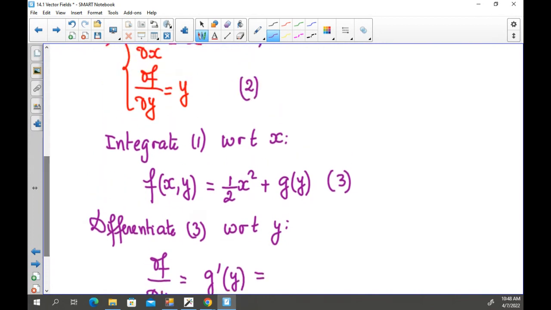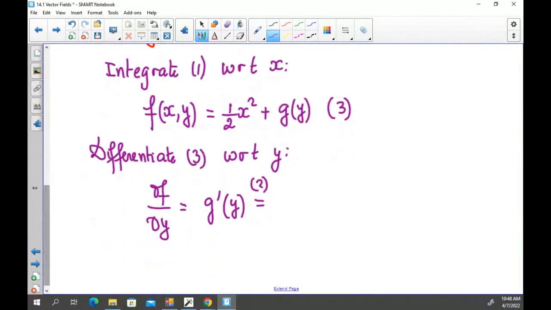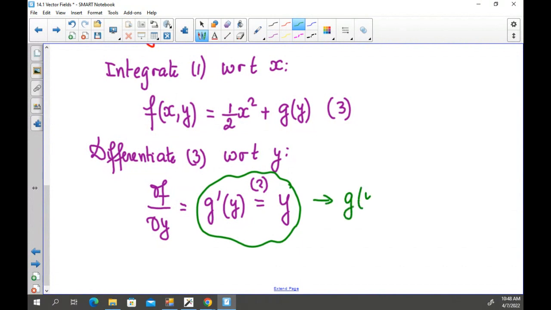And according to equation 2, this df over dy should be equal to y. Now, if g dash is y, what is g then? The derivative of g with respect to y is y. It will be y squared over 2, plus a constant.